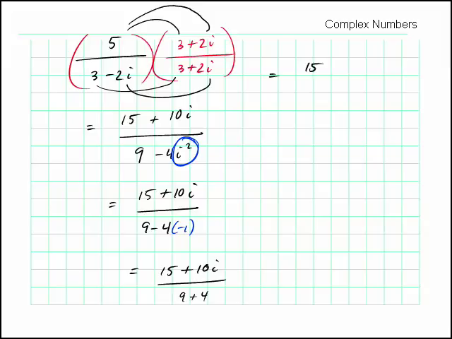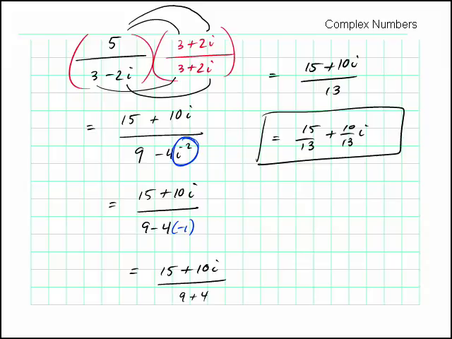So I got 15 plus 10i all over 13. To write that as a complex number, we split that into two fractions. My answer is going to be 15 over 13 plus 10 over 13 i. And now it's in that form, a plus bi, the complex number form.